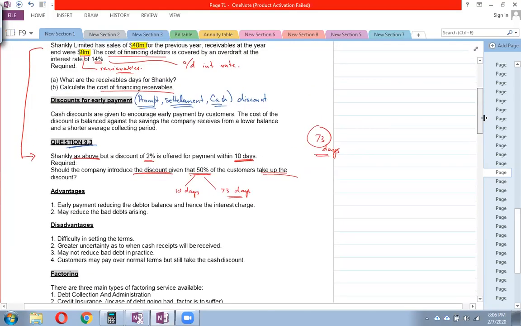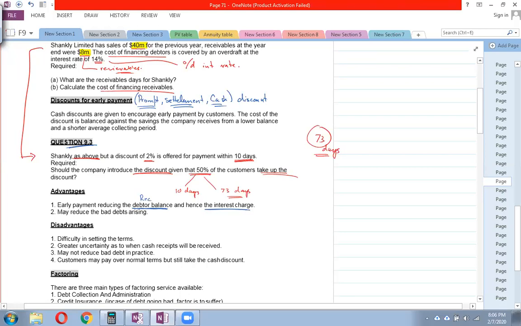But before we move on from 9.3, we said if we offer a discount, of course, maybe we can save some cost. But you see, there are some problems with offering an early payment discount. The early payment discount reduces the debtor balance, which means your receivables, and hence the interest charge. So the interest cost will be saved if we offer an early payment discount.